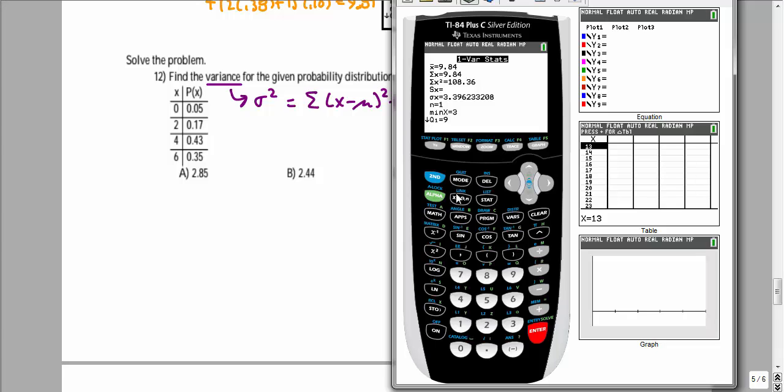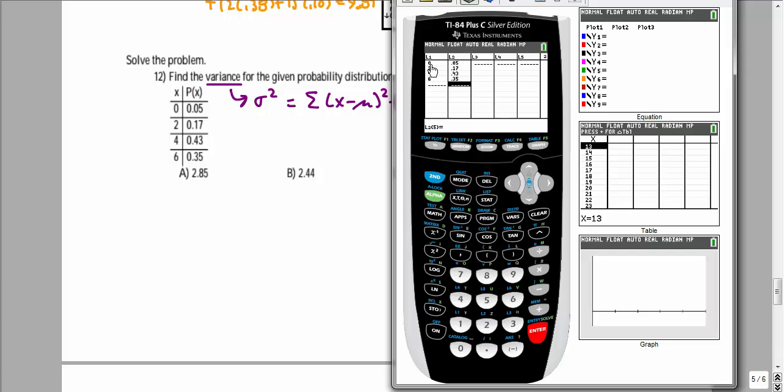Or you can go back in and use your stat menu and go to edit. And I want to clear both of these lists because I want to make sure I don't have any extra values in there. And for L1 I'd have 0.246, so 0.246. And for L2 I'd have 0.05, 0.17, 0.43, 0.35.